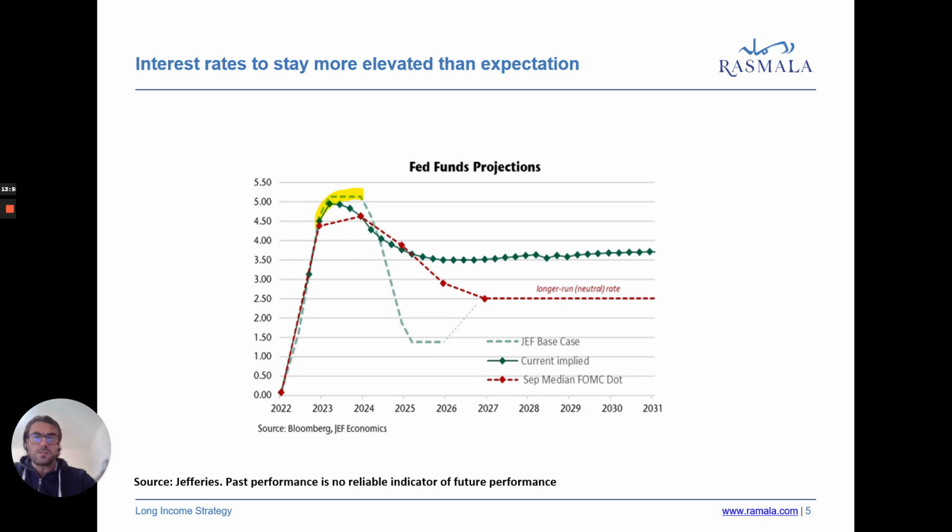Then there is the red dotted line, the median expectation of the policymakers, and the expectation of Jefferies, which expects interest rates to go slightly higher than both the market and the policymakers expect, but then fall precipitously. In the opinion of Jefferies, the economy just can't sustain these high interest rates.